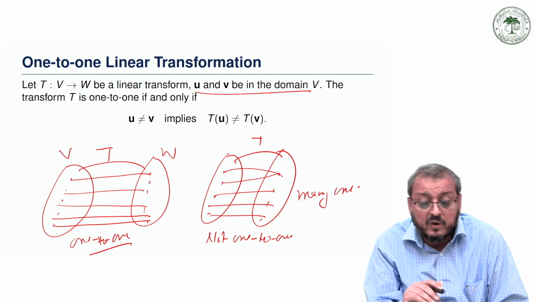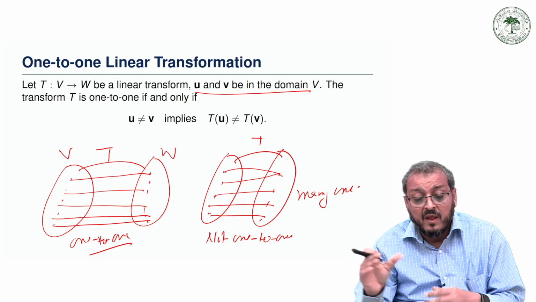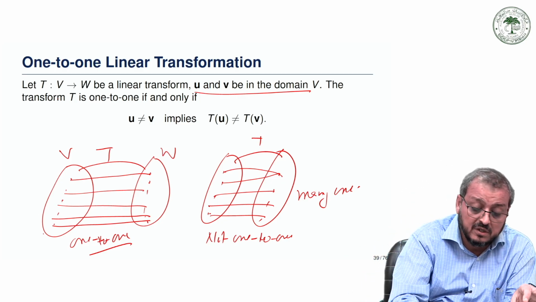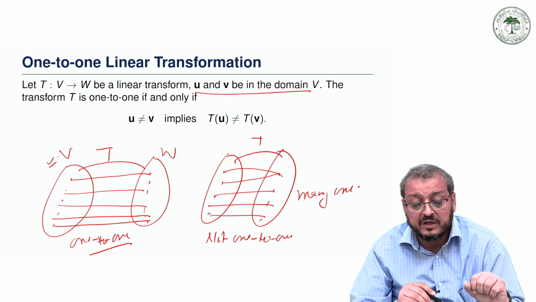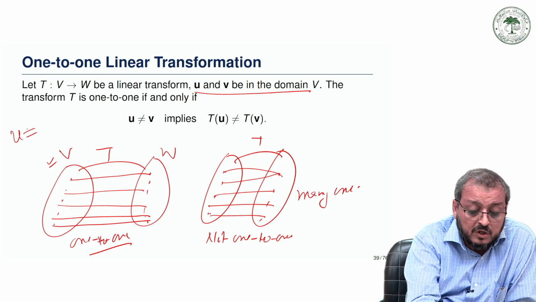Now, how can we show this? Let T from V to V be a linear transformation, and we choose two elements from the domain V, two different elements, so u is not equal to v.